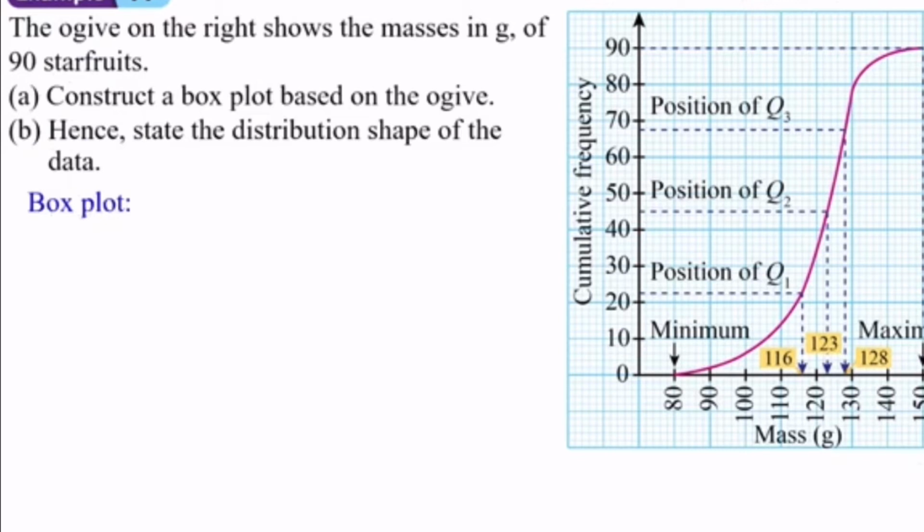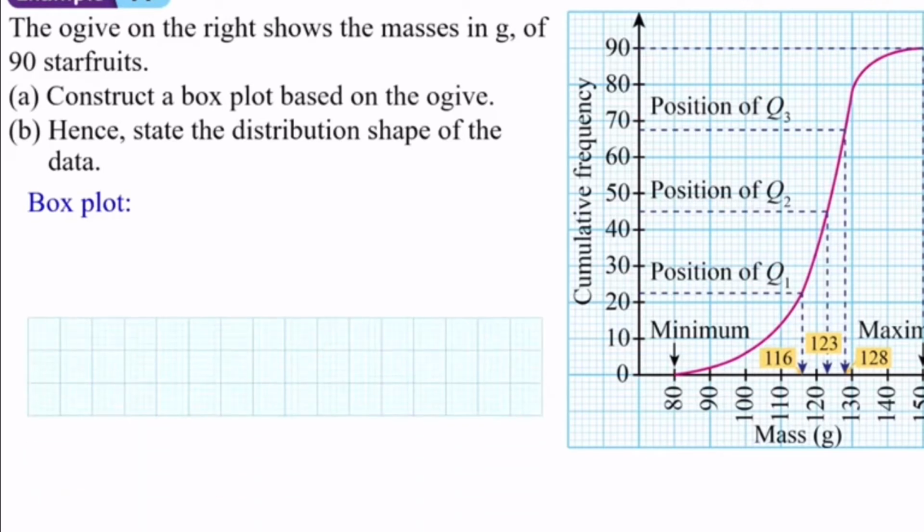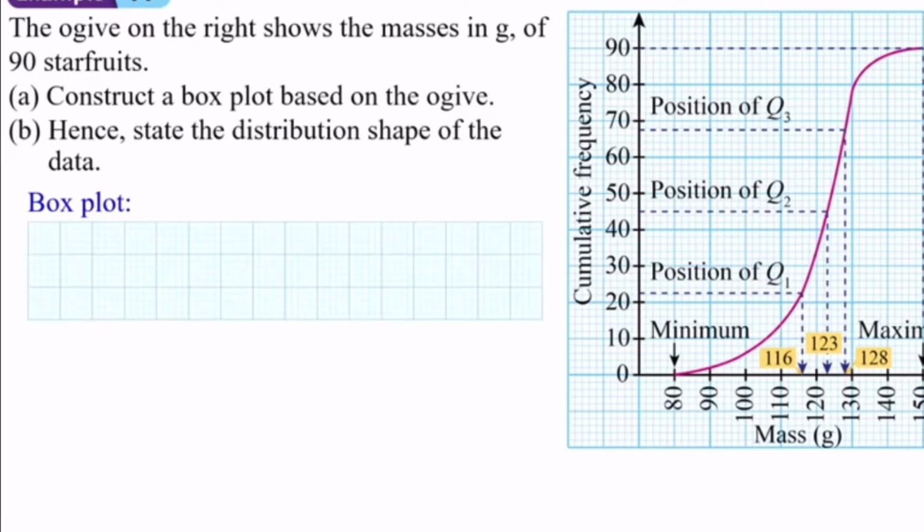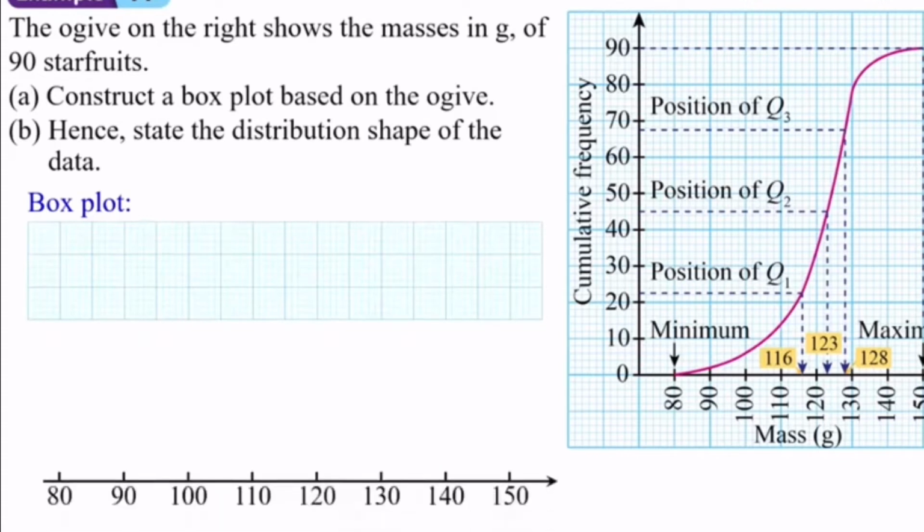We need to read out the minimum value. We need to read out the Q1, Q2, Q3, and the maximum value. So from the Ogive, we can read the minimum value. We can read the Q1. We can read Q2, Q3, and the maximum value, right?